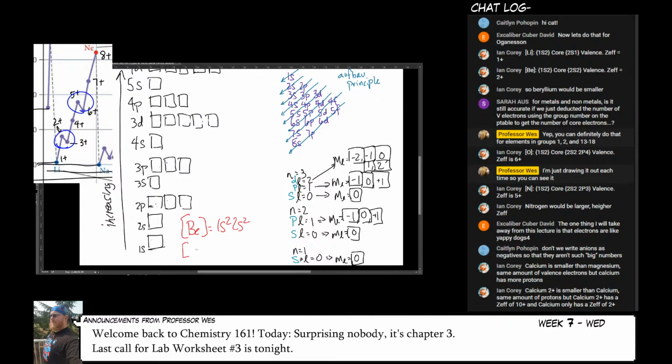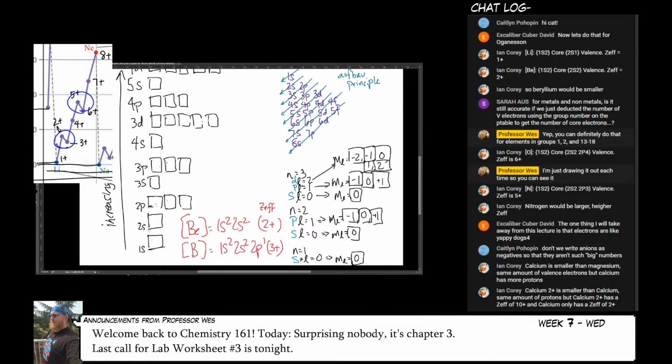And then the third one would be boron. All right. So this is Z effective 2+ and 3+. However, the ionization energy of boron is lower than that of beryllium, and we would expect it to be the other way around.